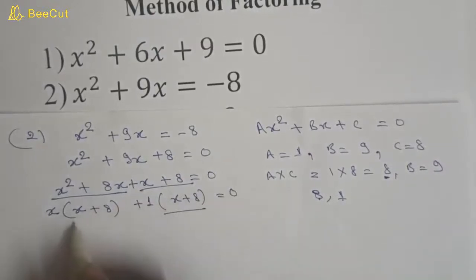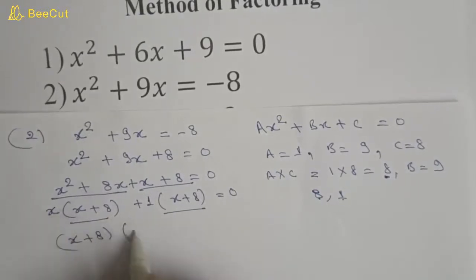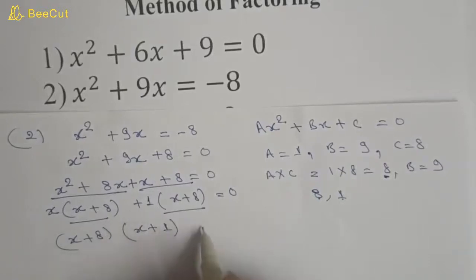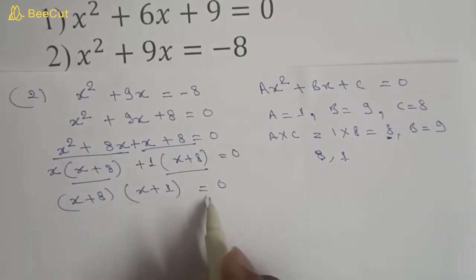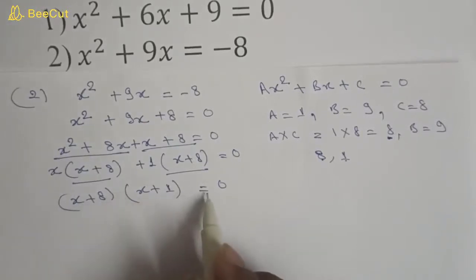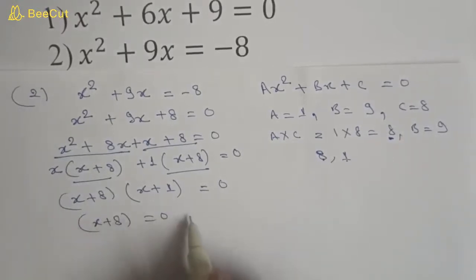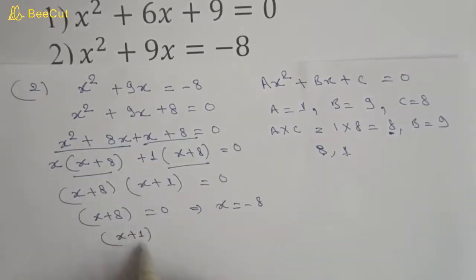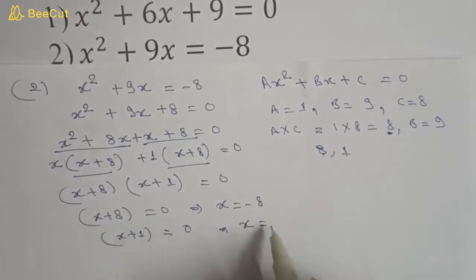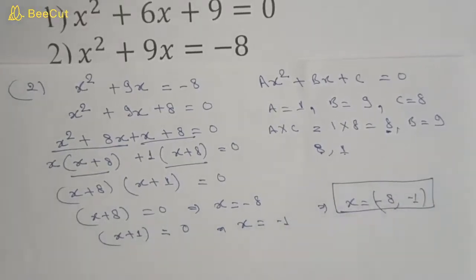If we take x plus 8 common from these two, we get x plus 8 times x plus 1 is equal to 0. So either x plus 8 is equal to 0, which gives x is equal to minus 8, or x plus 1 is equal to 0, which gives x is equal to minus 1. So x is equal to minus 8 and minus 1 are the two roots of this quadratic equation.